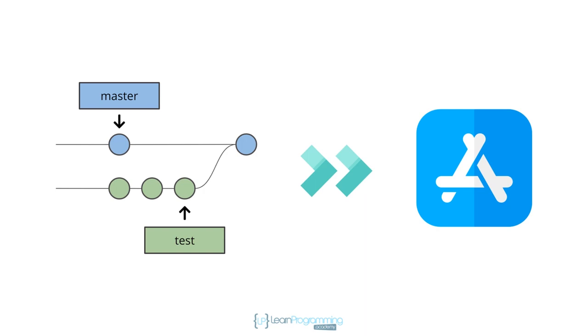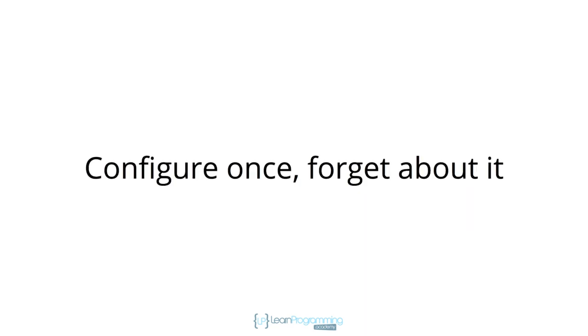Now, the configuration is actually not going to be added directly on App Center. Of course, eventually everything is connected in App Center, but most of the things that we're going to be doing are actually outside of App Center. But the great thing is that once you configure it, just once, you can forget about it.